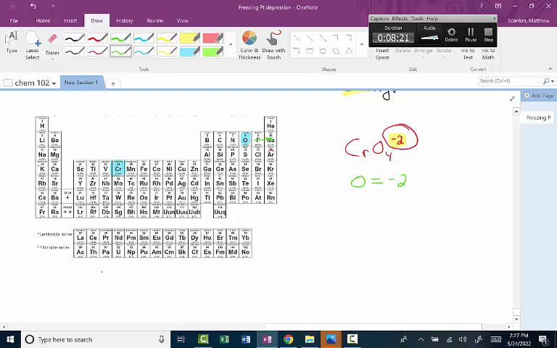That is the oxidation state of oxygen. Each oxygen, I have 4 of them, so minus 2, minus 2, minus 2, minus 2. And that makes the chromium, this has to add up to minus 2 because of the minus 2 charge. It's not 0 this time. And so in this case, the only thing the chromium can be is plus 6. So that's the only thing that will add up to minus 2.